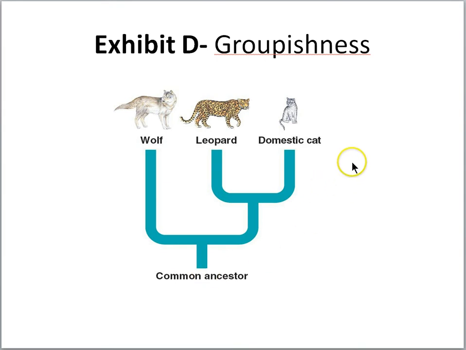So again, then, the idea that species can be grouped is explained by this idea of an evolutionary history from a common ancestor. We can group the cats together because they had a recent common ancestor. So groupishness is what you would expect if species were evolving from common ancestors.